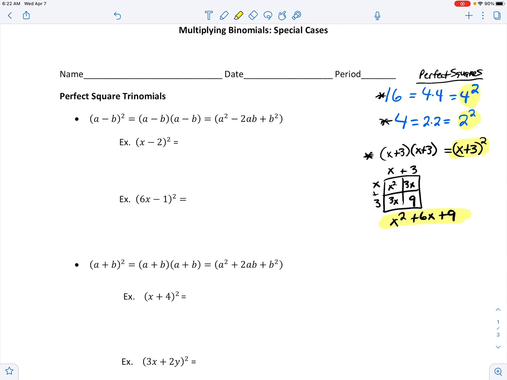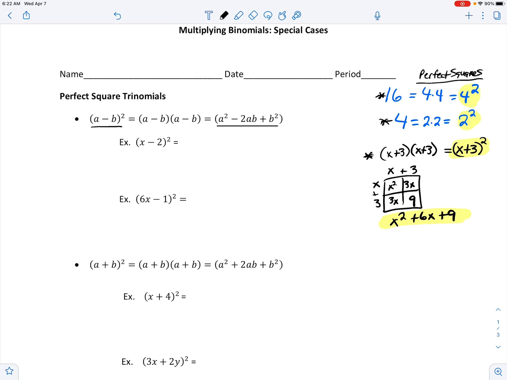All right, so now that we have the little backdrop here, let's go into some actual examples. We have here a minus b quantity squared is the same as a minus b times a minus b, which if we multiply it out, gives us this result.